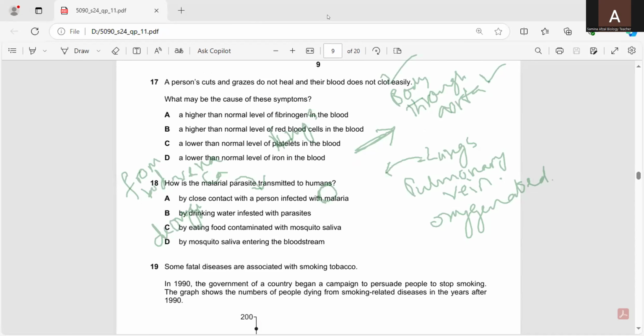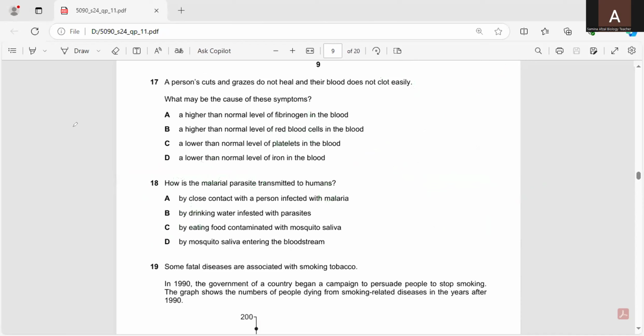Now question number 17. A person's cuts and grazes do not heal and their blood does not clot easily. Clotting is not taking place. What may be the cause of these symptoms? A higher than normal level of fibrinogen in the blood? Higher level? No, in that case there would be clotting. A higher than normal level of red blood cells?